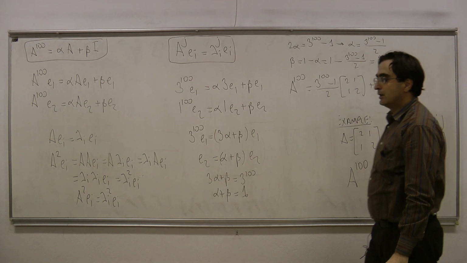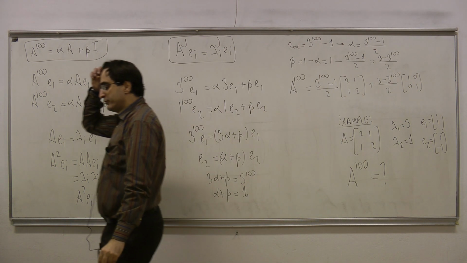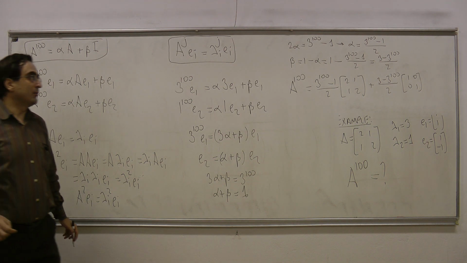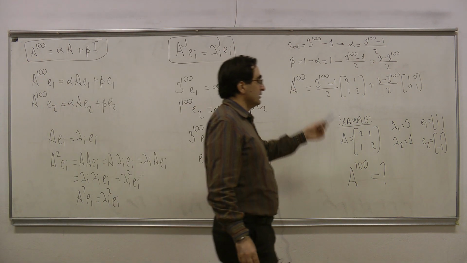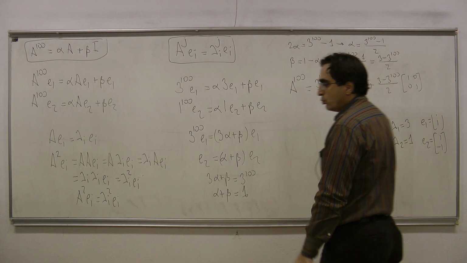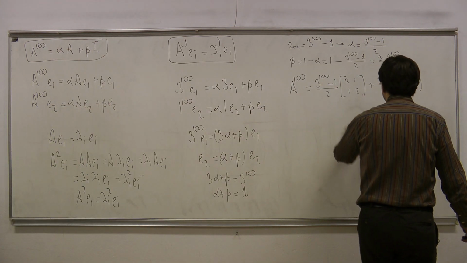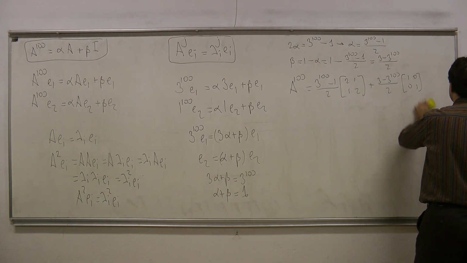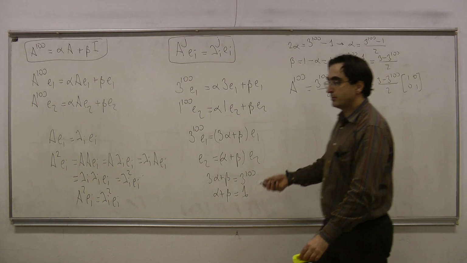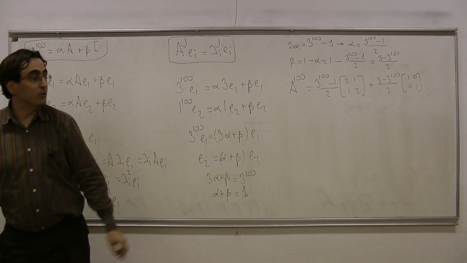So you see that there is a really very simple formula of the 100th power of the matrix, once you know the Cayley-Hamilton theorem. You don't really have to take the powers of the matrix by multiplying it with itself over and over.